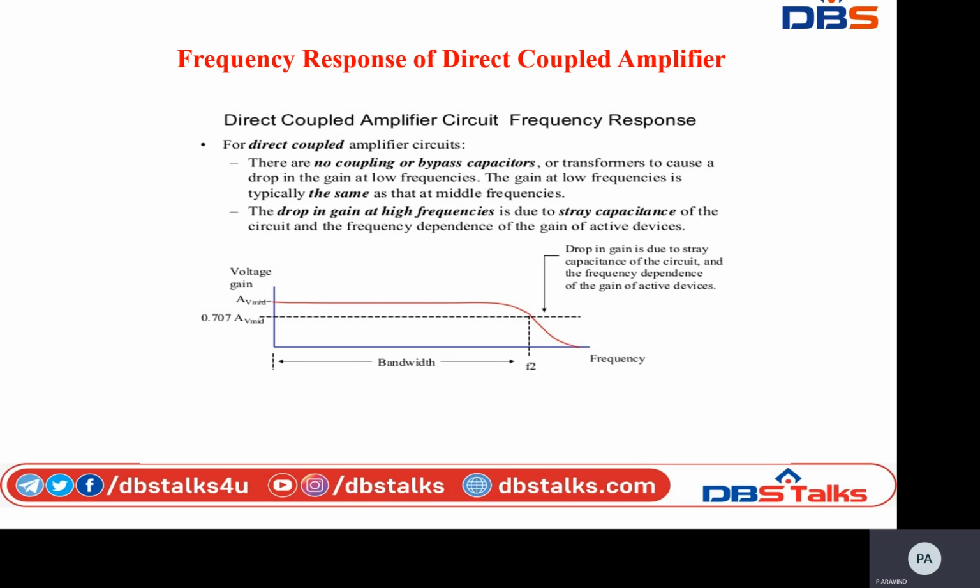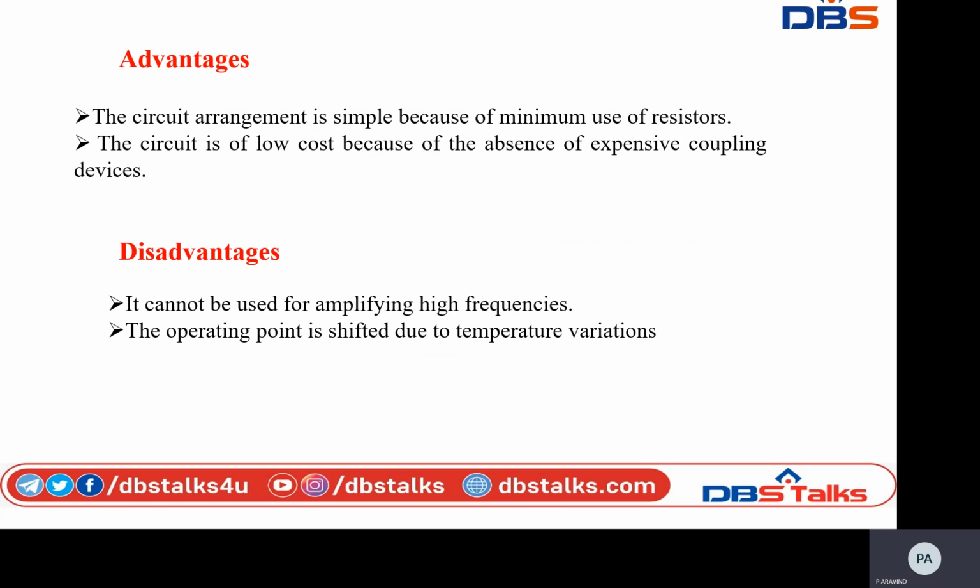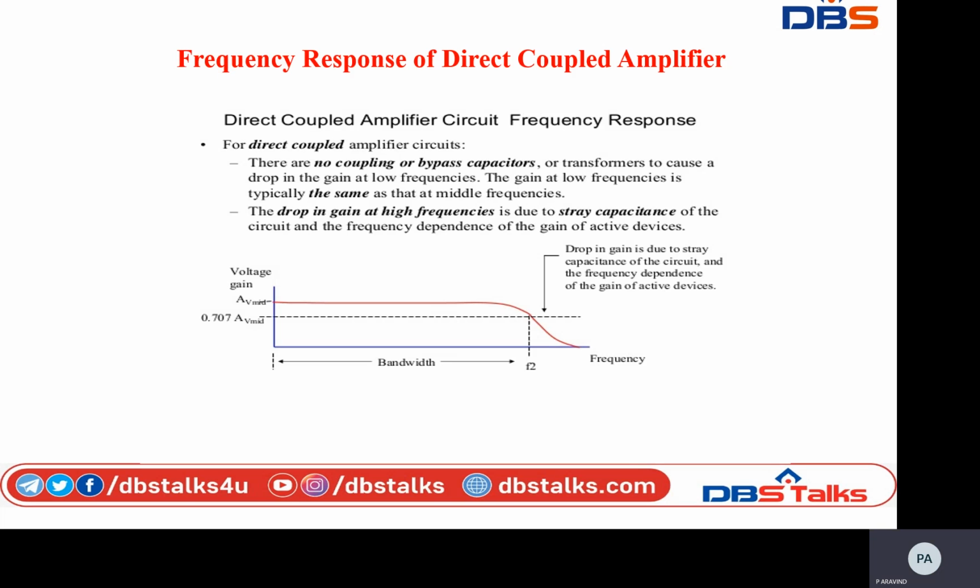So the gain at low frequencies is typically the same as that of middle frequencies. The drop in gain at high frequencies is due to stray capacitance of the circuits and the frequency dependence of the gain of active devices.